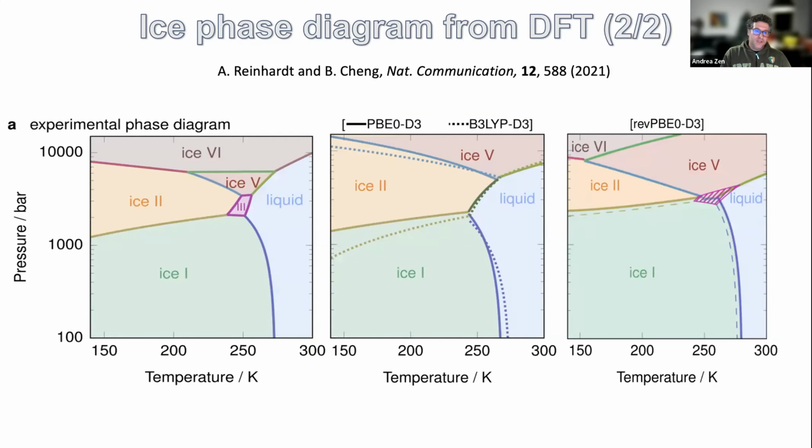The other work uses again density functional theory with different setups, PBE0-D3, B3LYP, and so on, plus machine learning, and predicts the different phase diagrams you see in the figure in the middle and on the right, to be compared with the experimental phase diagram.